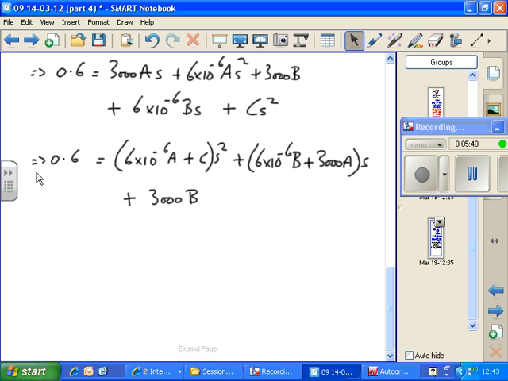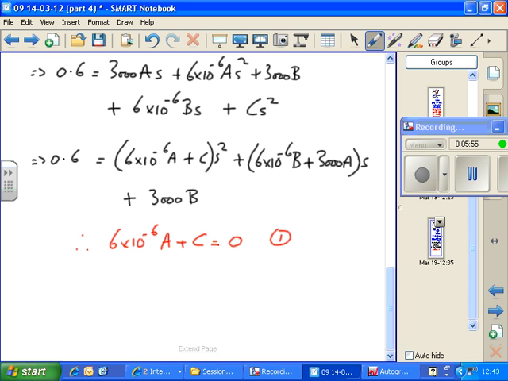And so we get that 6 times 10 to the minus 6 A plus C equals 0. Call that equation 1.